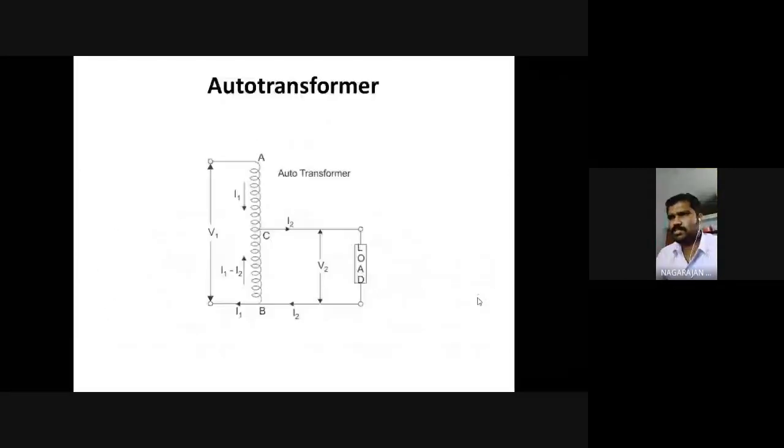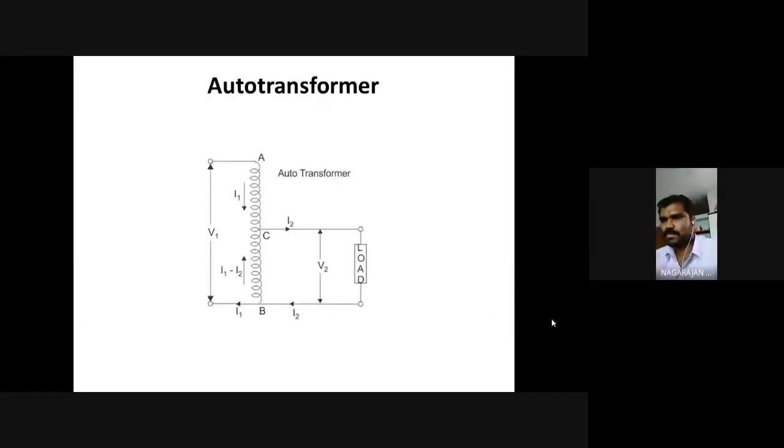An auto transformer is a variable AC transformer. Unlike a two winding transformer, it has a single winding that itself acts as primary as well as secondary. It is wound on a single core. A single coil is acting as primary and secondary. It is based on our choice where to keep the center tapping to get a required amount of voltage.